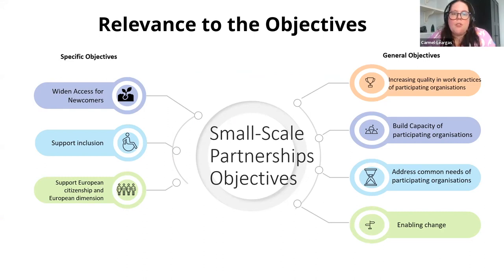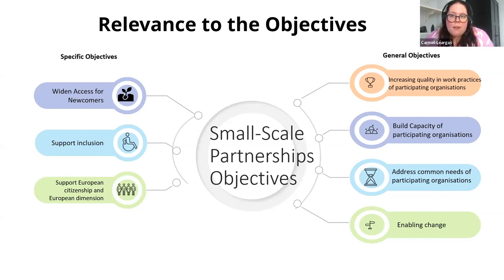And the general objectives are increasing quality in work practices and participation in organizations, building capacity of participating organizations, addressing common needs of participating organizations, and enabling change. So for your project to be relevant, you should be considering these objectives and how your project will connect to these. It's also really important that your project is relevant to the field as well.